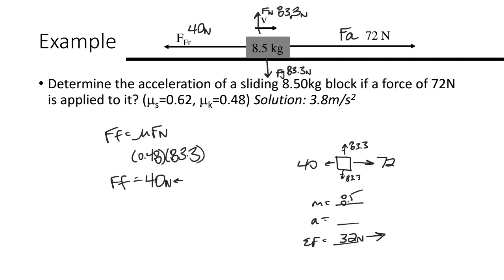All we have to do now is calculate the acceleration. Knowing that net force equals mass times acceleration, we can say 32 equals 8.5a, and that a would therefore equal 3.8 meters per second squared. Nice work.